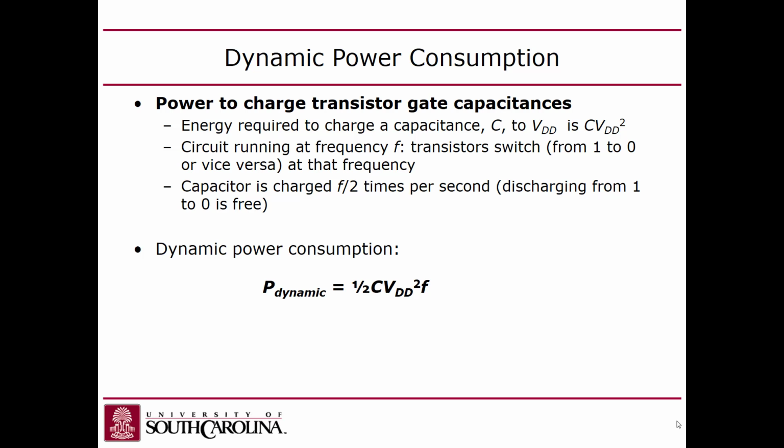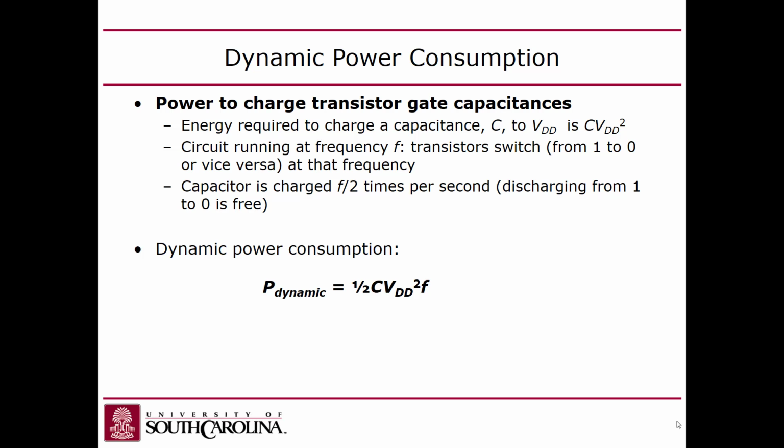And the capacitance is the surface area, so if you make the transistors smaller, that gives you less surface area on the gates. It doesn't necessarily affect the wires, although if the gates are smaller, you can put them closer together and get smaller wires. Everyone make sense?